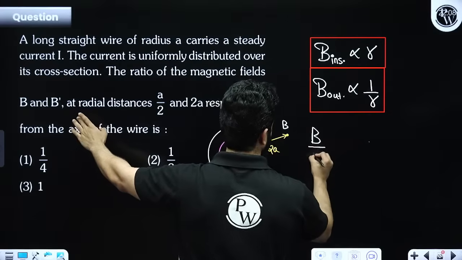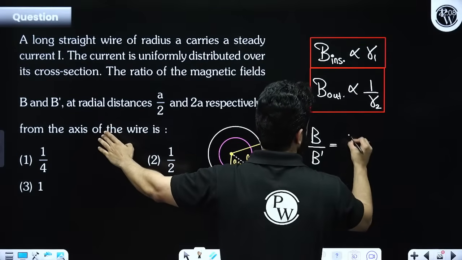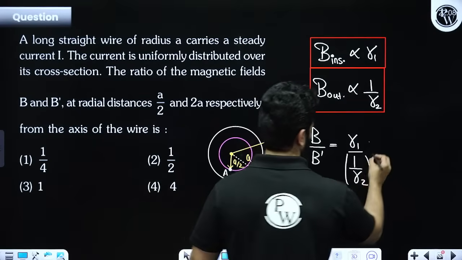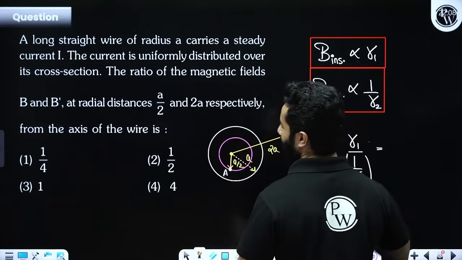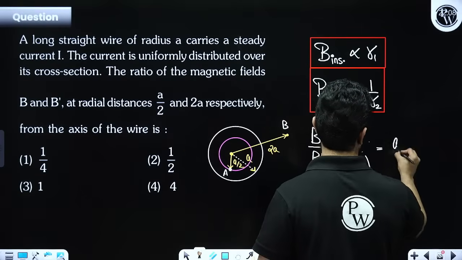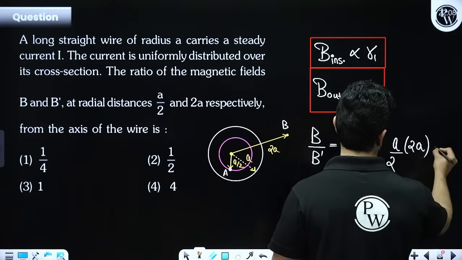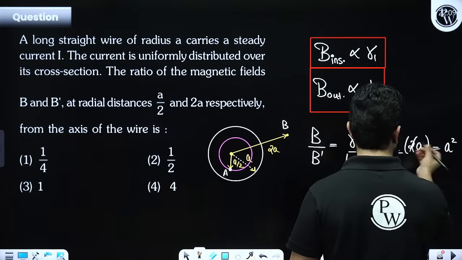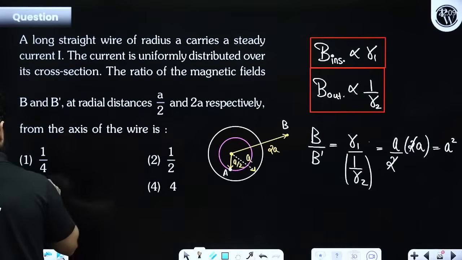Let's say this is R1, this is R2. So the ratio will be R1 upon R2, like this. Is it absolutely clear, my dear friends? So R1 is A by 2, and R2 is 2A. So this will become A square, but this will get cancelled out, and we are not going to consider A square, so we are going to select our answer as third.